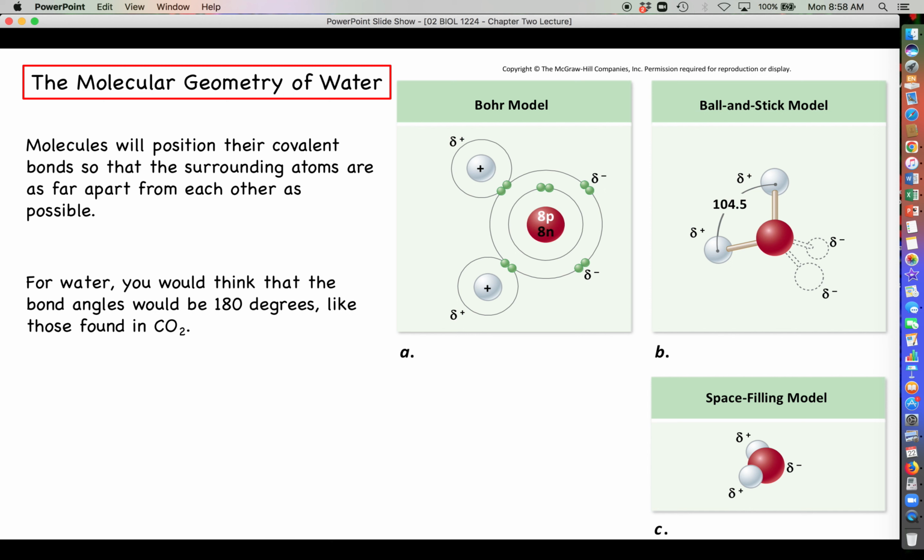So this ultimately means that water, geometrically speaking, is a bent molecule, and that's a big reason for water having its polar properties, meaning that you have the partial negatives on this side and the partial positives on this side.